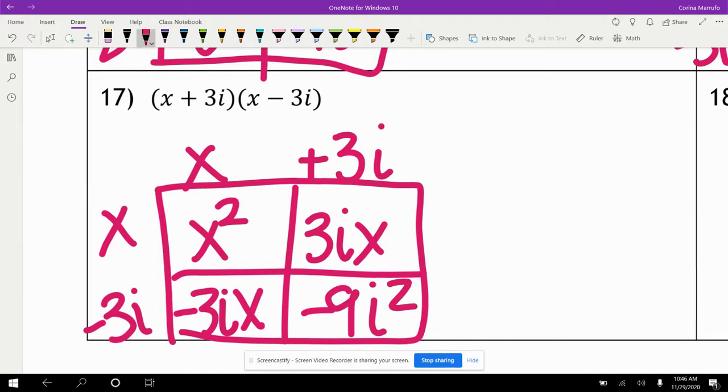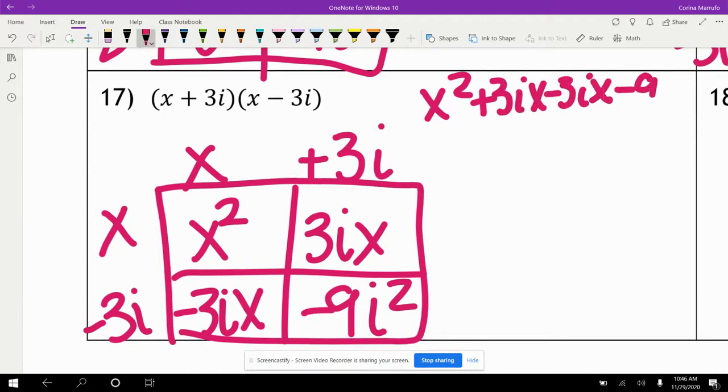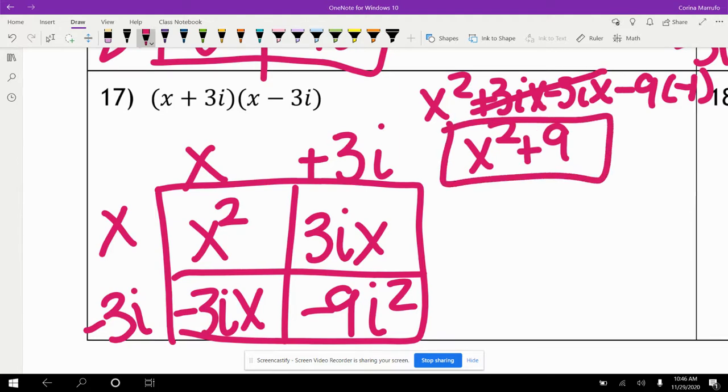So when we write this out, we get x squared plus 3ix minus 3ix minus 9. Instead of i squared, we write a negative 1. Now these two cancel each other out, and we get x squared minus 9 times negative 1, which ends up being a plus 9. And that's it. This would be our answer: x squared plus 9.